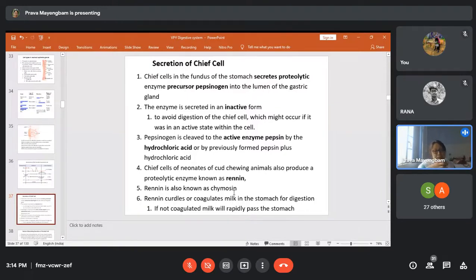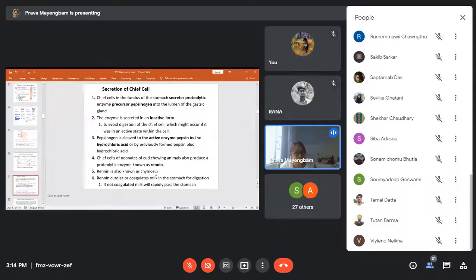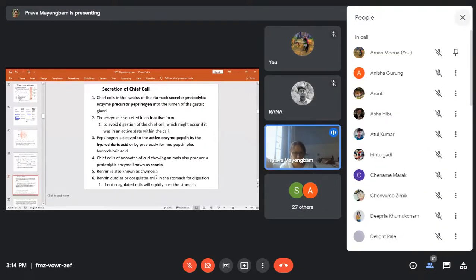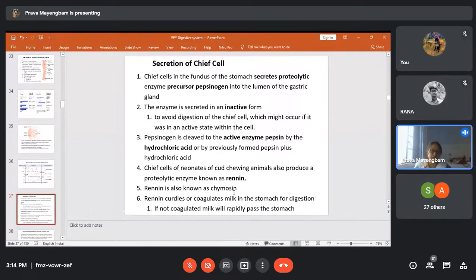That means instead of remaining for a longer period in the stomach, it will be easily passed on to the intestine, and from the intestine to the different portions of the intestine. So to prevent that, the milk, which is liquid, needs to be coagulated, meaning semi-solid form, inside the stomach, and that is done by the enzyme called rennin.